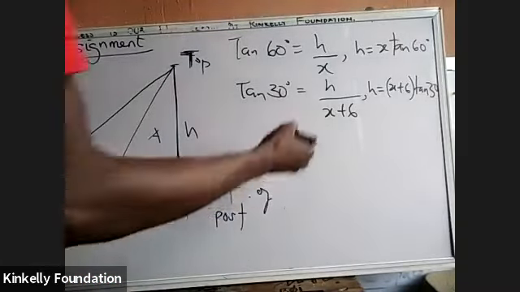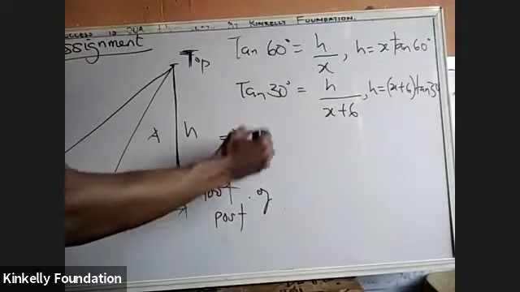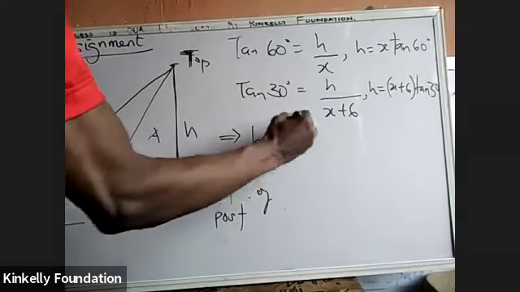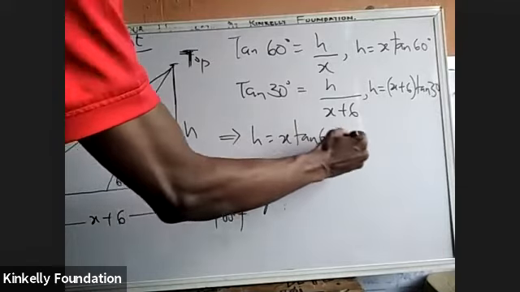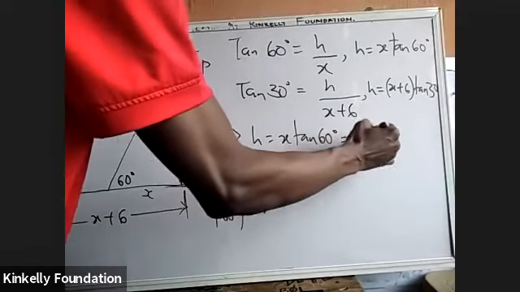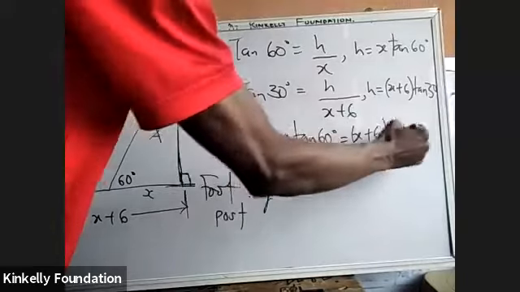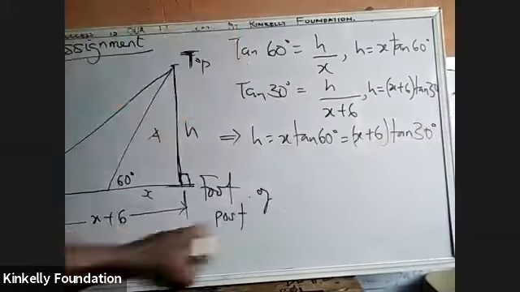Now we have H equal to X tan 60 degrees is equal to (X plus 6) tan 30 degrees.